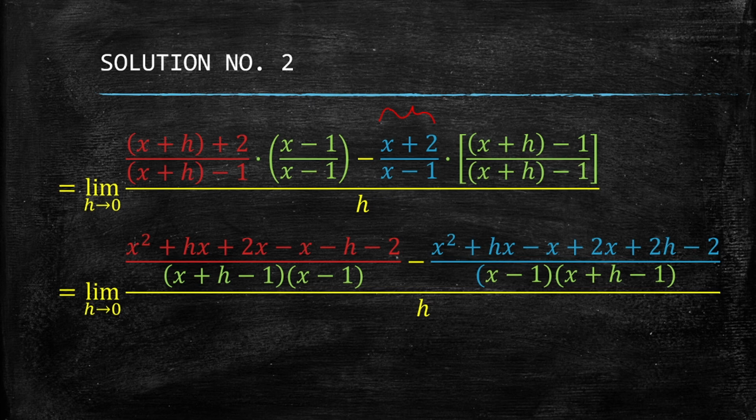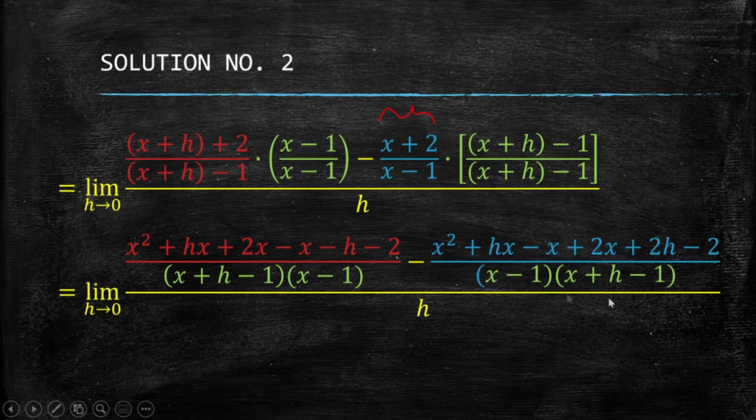Okay, so I have already multiplied and distributed the factors. We distribute. So x times x, we have x squared, and x times h, we have hx, x times 2 is 2x, and we have the minus 1, so minus x minus h, and negative 1 times 2 is minus 2, all over the factor here, so we have x plus h minus 1 times the quantity of x minus 1.